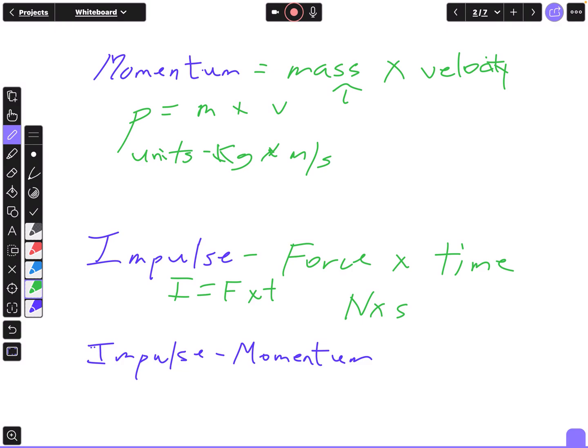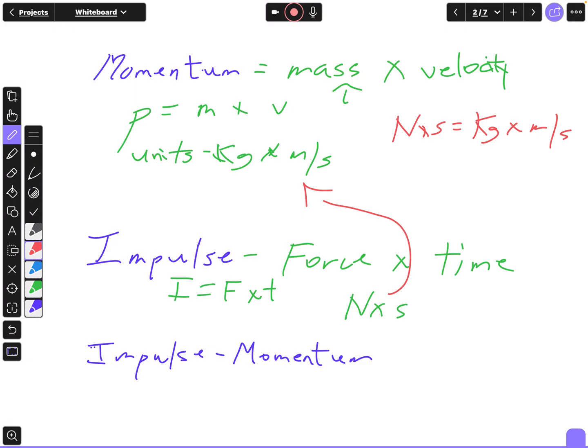A Newton second is equal to a kilogram times meters per second. Those units are interchangeable. You could use either one of them with these problems.